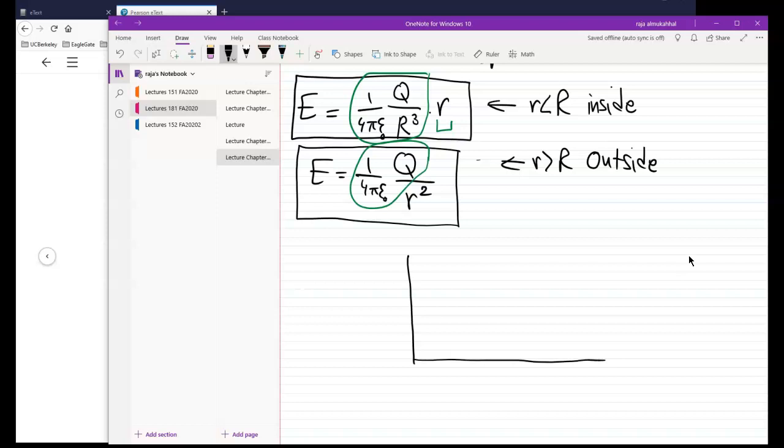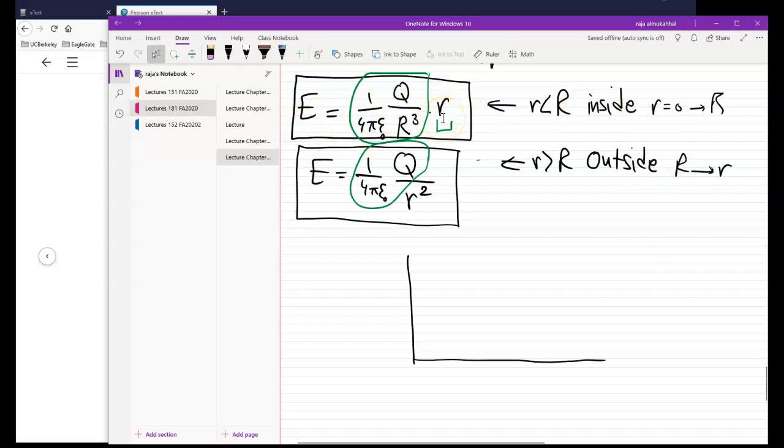Okay, remember this is inside, so we're starting from radius 0 all the way to R, and then in this one we are starting from big R all the way to some arbitrary value r. You see what I'm saying? Make sense? Okay. So inside, the electric field is linear.